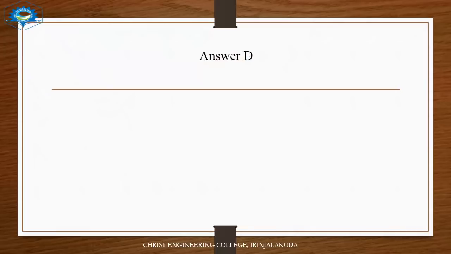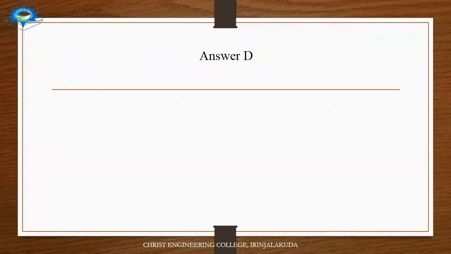What is an empirical formula? It is the simplest or shortest positive integer ratio of atoms present in a compound. Now our question gives that the atoms present in our compound are carbon and hydrogen. So what is the simplest positive integer ratio between carbon and hydrogen in our compound? That is what we have to find out.